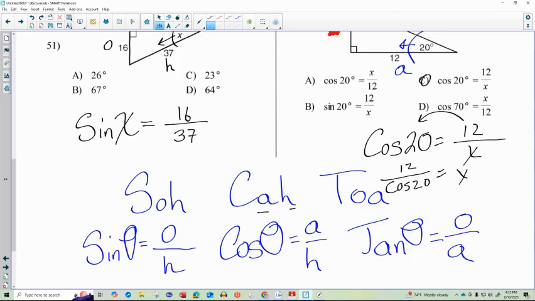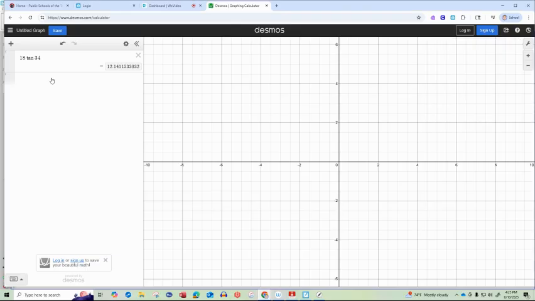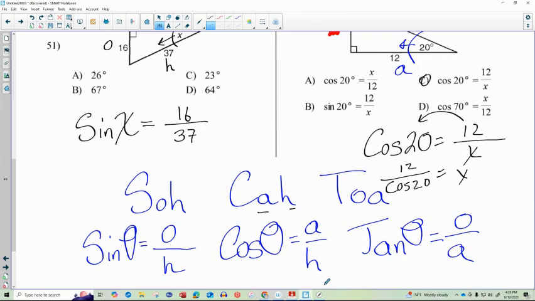I go to my calculator and do 12 divided by cosine 20, and I would round that off to 12.8. So I'm going to go back here and put x is equal to 12.8.